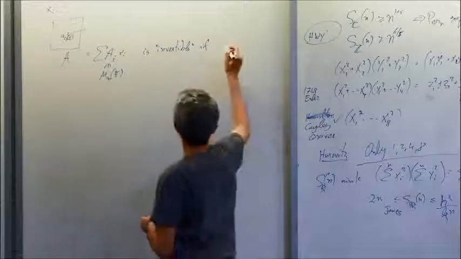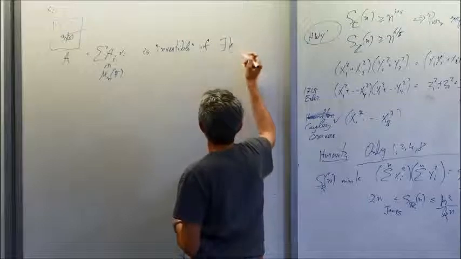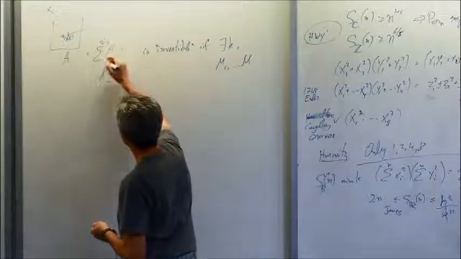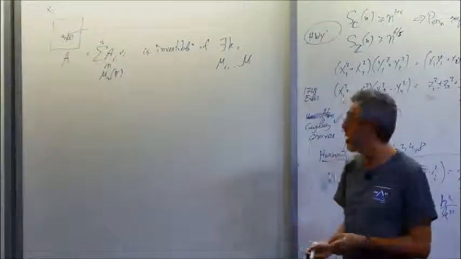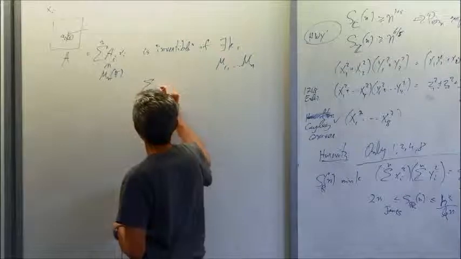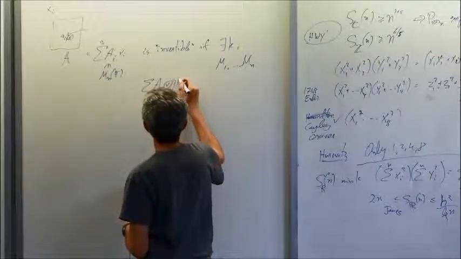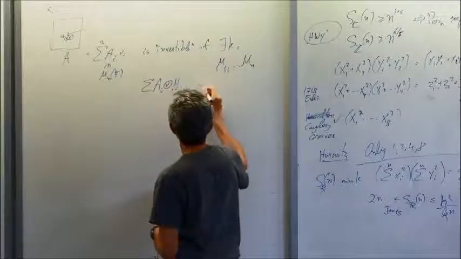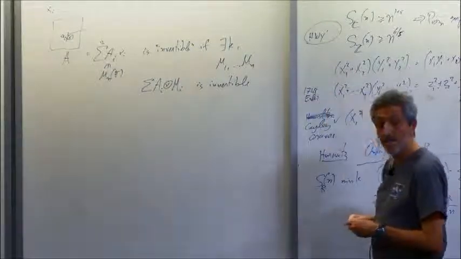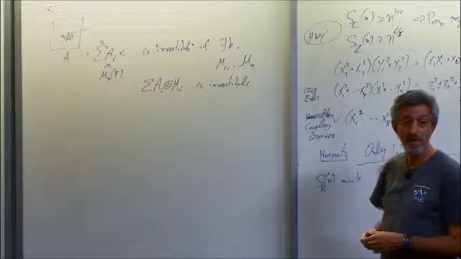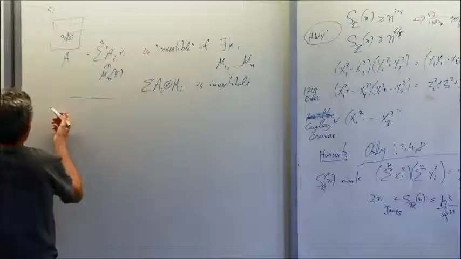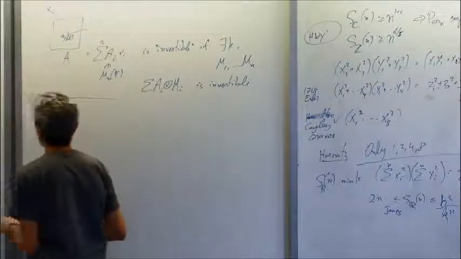So it's invertible if there exists a k and matrices, let's call them M1 up to Mn, it's no loss of generality to assume that the number of variables is n, such that this matrix, which is now a numerical matrix over the field, is invertible. That's a definition.